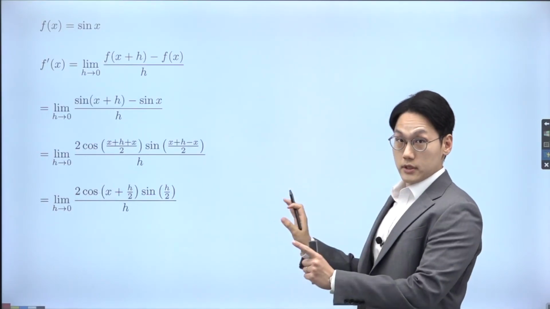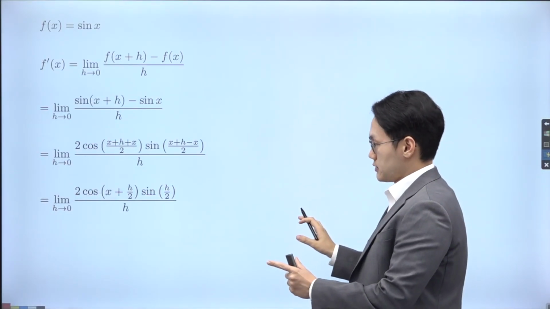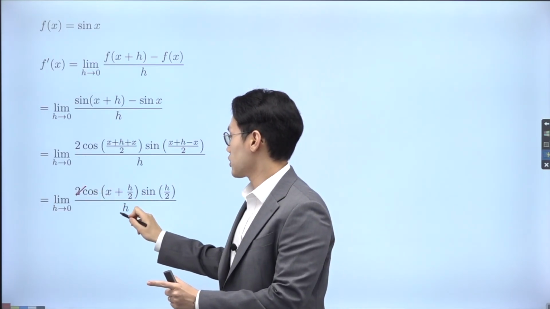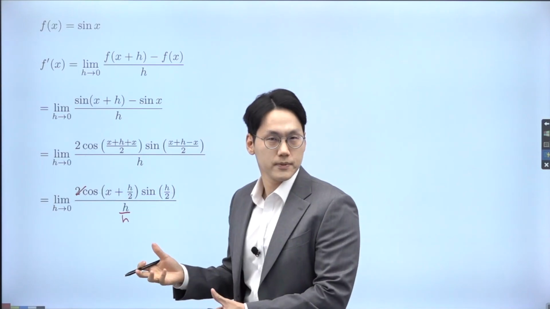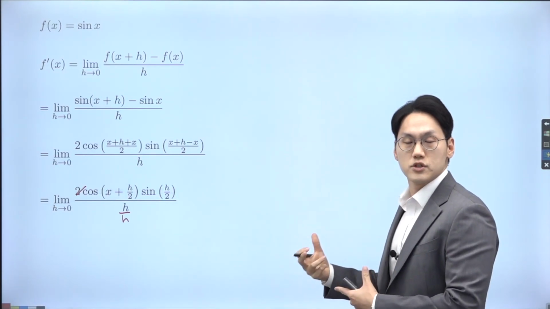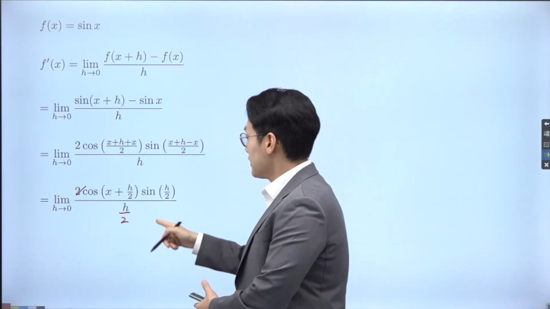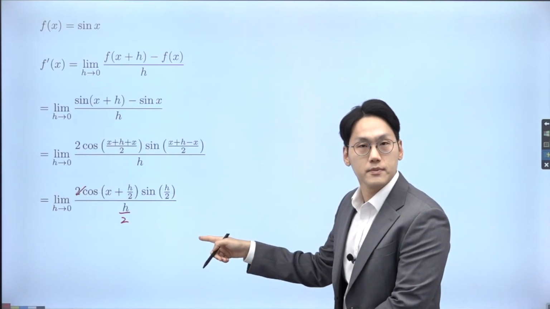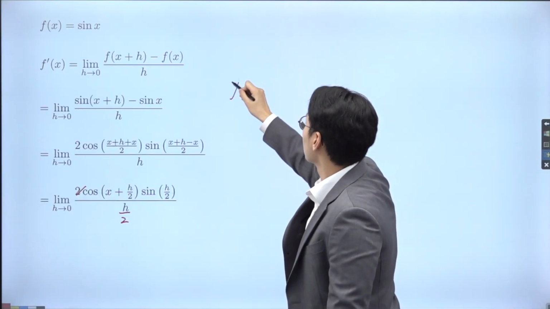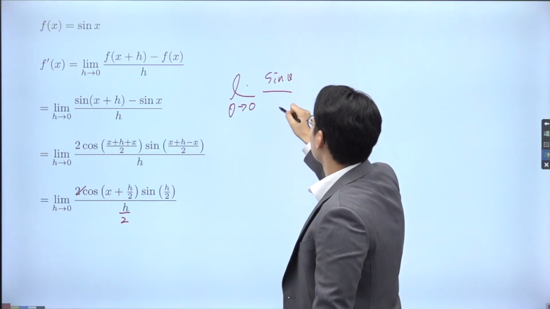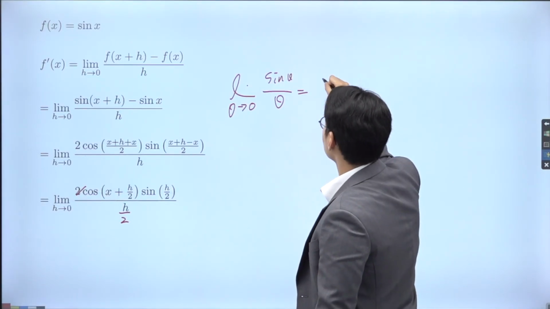From here, what I want you to realize is that I can send the 1 over 2 to the denominator, so it's going to be h over 2. It's just the reciprocal, isn't it? The reciprocal will be on the numerator, so it's going to be 2 here. This actually reminds you of the fundamental limit of trigonometry. Please remember, the limit as theta goes to 0 of sine theta over theta is going to be 1.